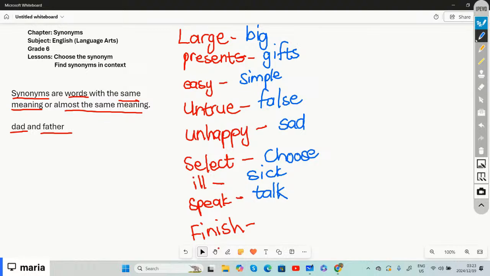And another word for finish is to end. So we finish this lesson at 8:45, or we end this lesson at 8:45.